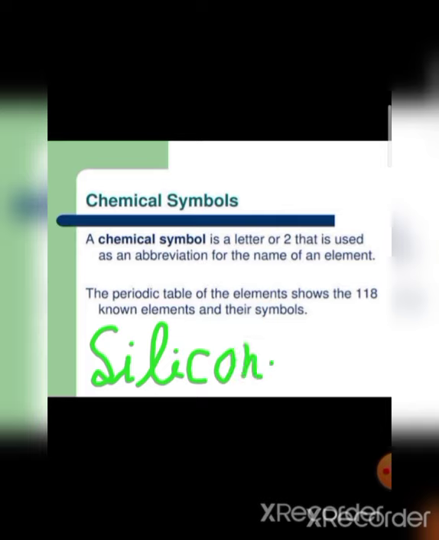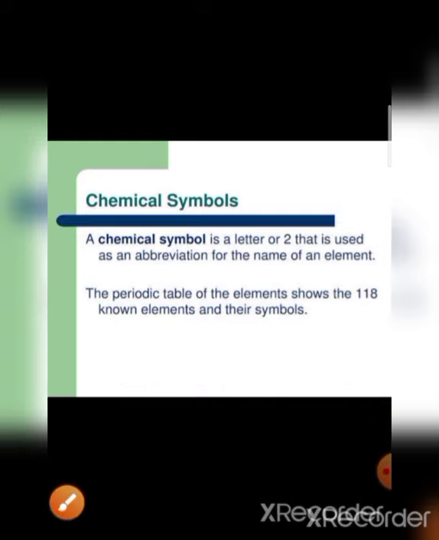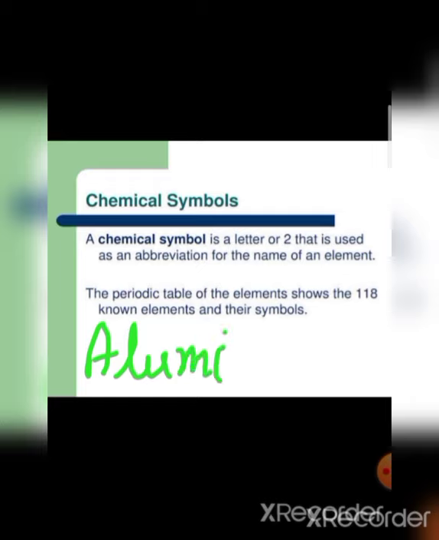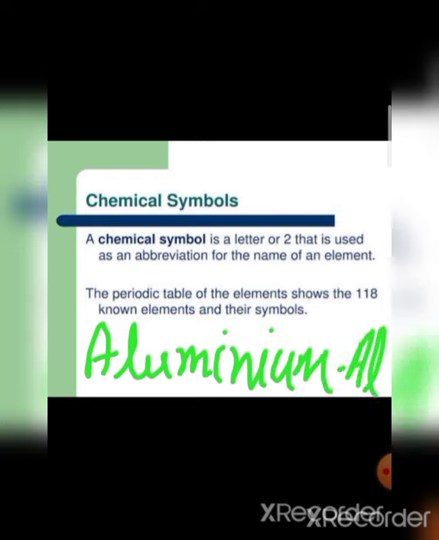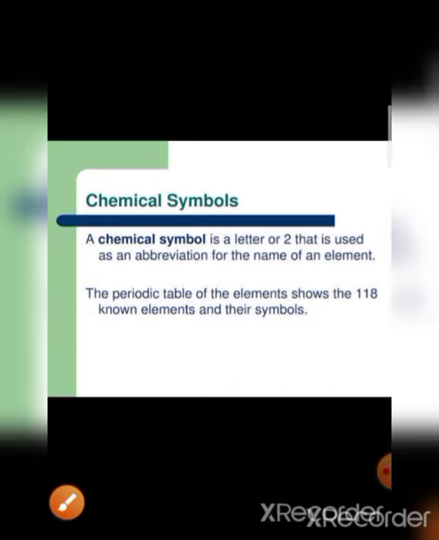Silicon: with S, I was taken, Si. Aluminium, Al. Only 14 elements are represented by a single letter, and all other elements are represented by two letters.